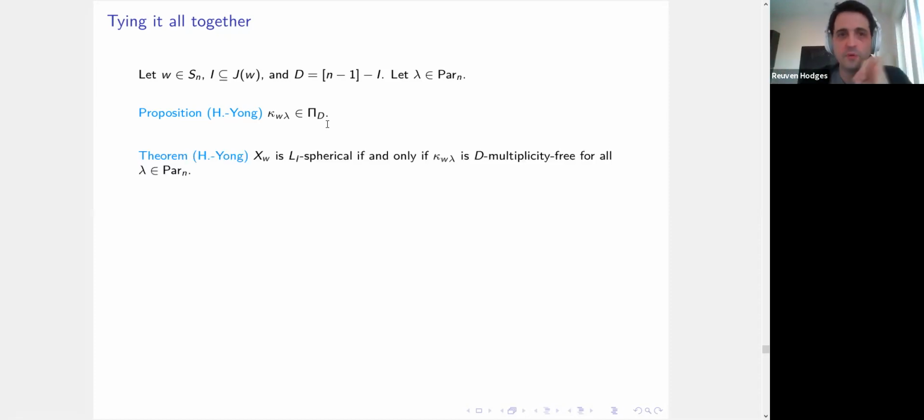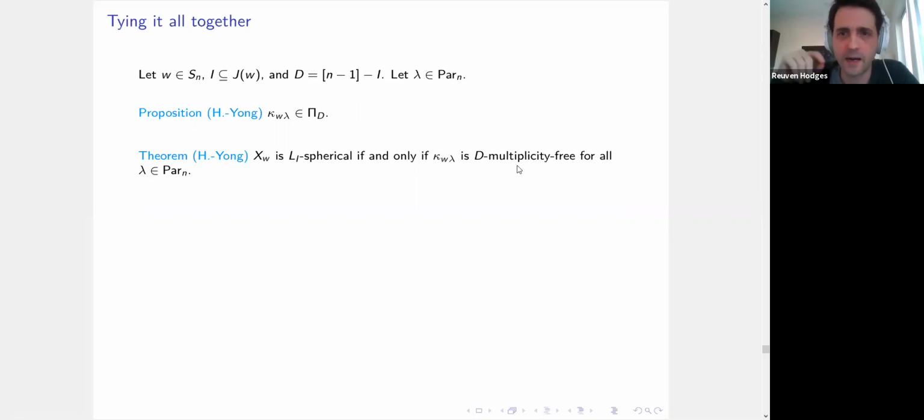But here's the point. What you can show is that the Schubert variety X_w is L_I spherical if and only if k_{w lambda} is D-multiplicity free for all lambda in Par_n. So you reduce this geometric sphericality question to a question about when certain infinite families of polynomials are all multiplicity free.